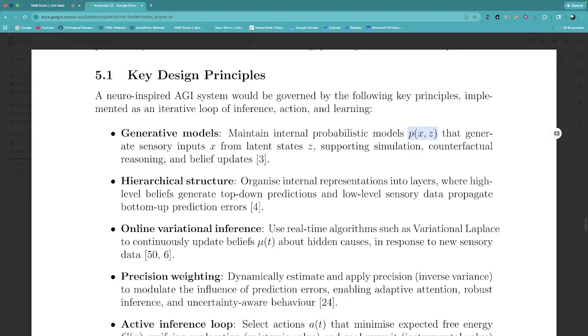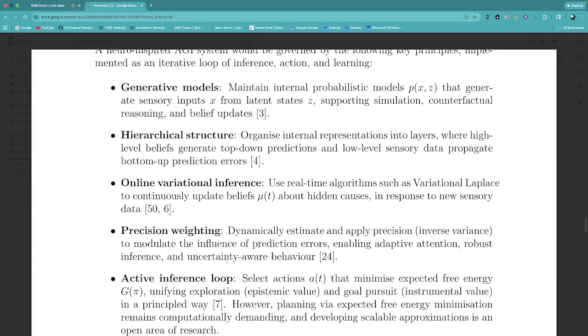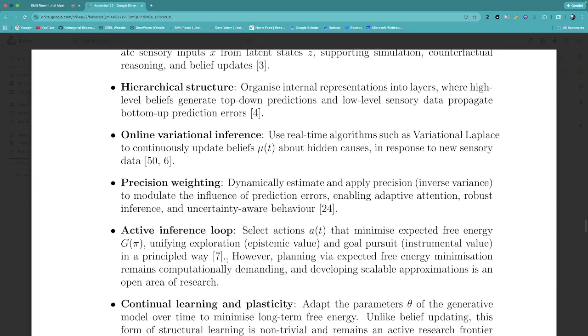Then we have this hierarchical structure, so we have our internal representation, which is layered, where the high-level beliefs generate top-down predictions, and low-level sensory data propagate bottom-up prediction errors, like a complex adaptive system. Online variational inference is where we use real-time algorithms such as variational Laplace to continually update beliefs about hidden causes in response to new sensory data.